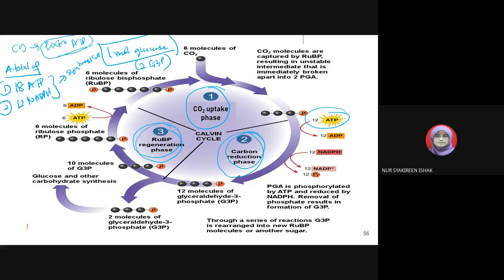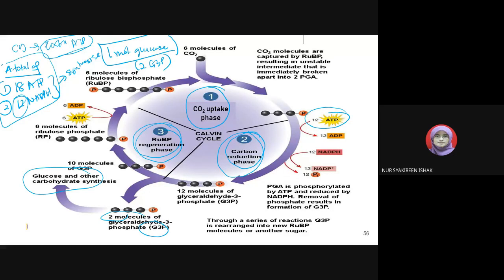Okay, so maksudnya ini awak kena ingat juga. Ini 18 ATP is used and also 12 NADPH is used during the Calvin cycle to synthesize 1 molecule of glucose daripada 2 G3P yang exit during the carbon reduction phase.